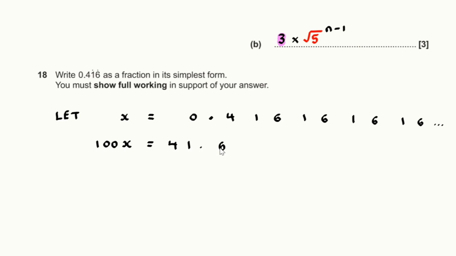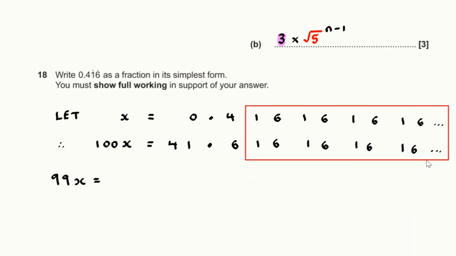41.6161616, etc. And so therefore, if I subtract these, 99x is equal to, well, everything after the decimal point here cancels out.